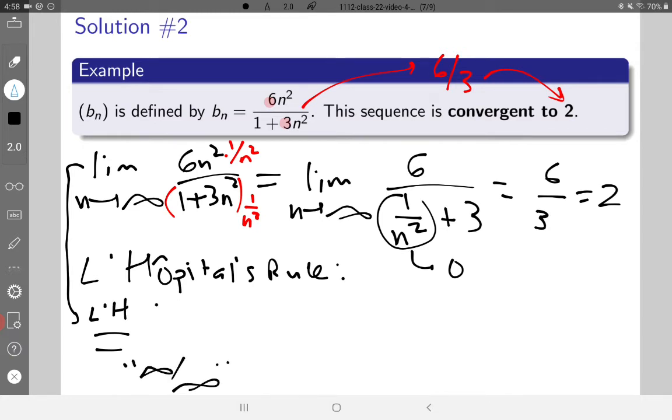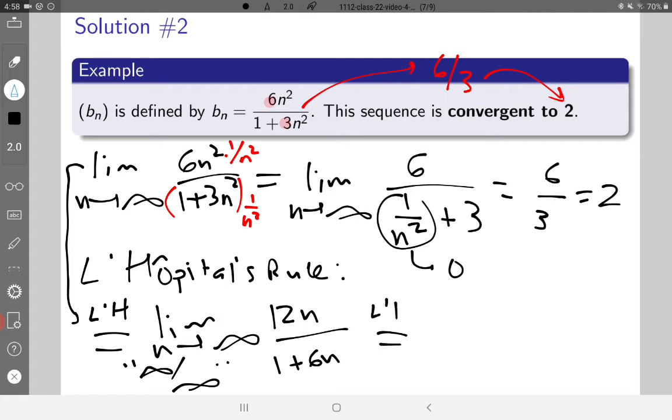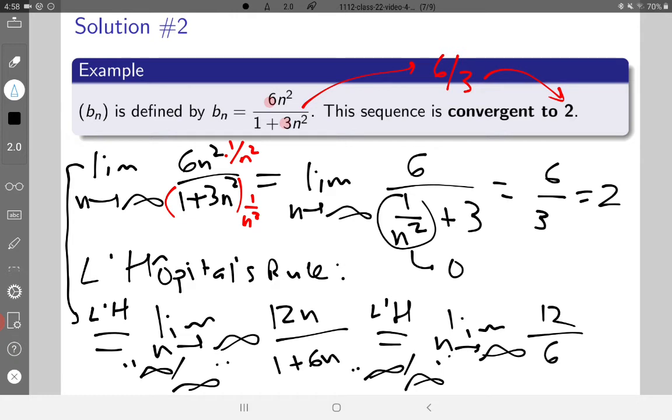So let me take a derivative on the top and the bottom to ask which one is going to infinity faster. And then I see another situation where I have an infinity over infinity indeterminate form. I could take a limit as n goes to infinity, take some derivatives on the top and the bottom, I get a constant of 2.